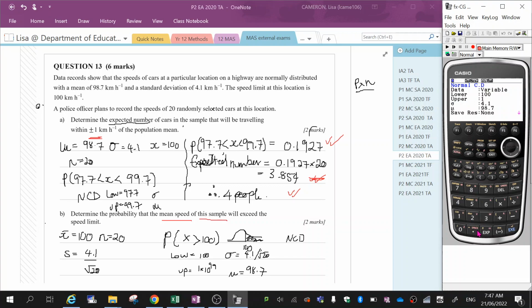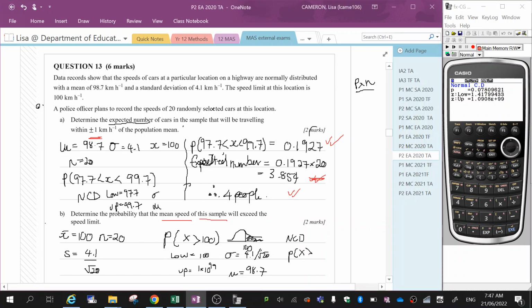Our upper is going to be 1 times 10 to the power of 99. Our deviation is going to be 4.1 divided by square root of 20. And our mean is going to be the same as it was before.